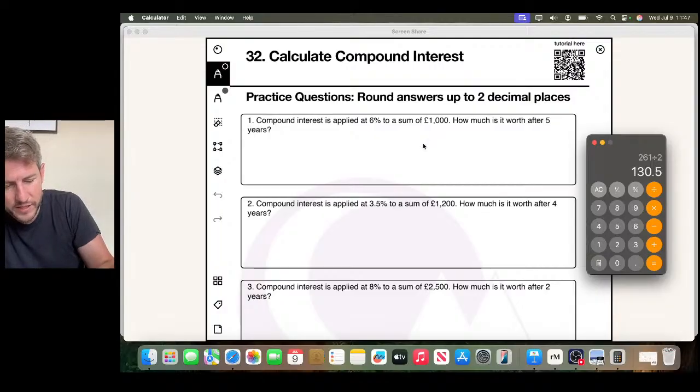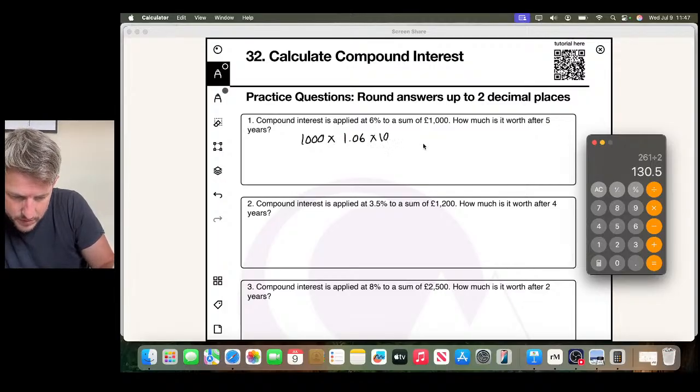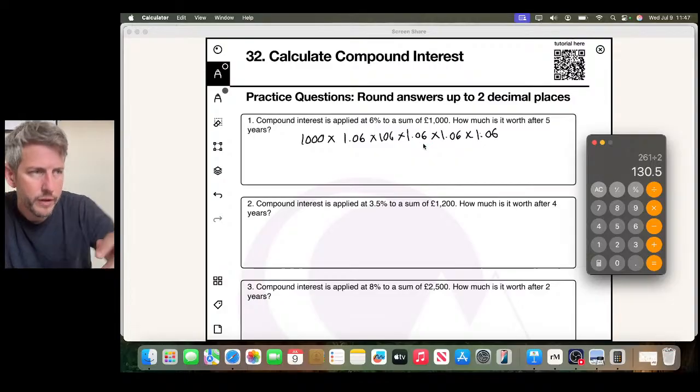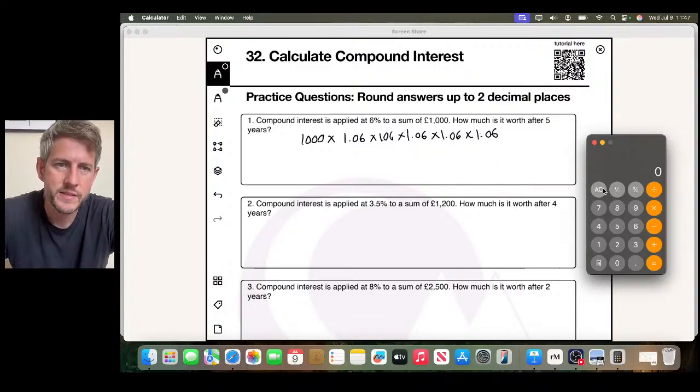So we're going to have to do £1,000 times 1.06 five times. One, two, three, four, five. We have 1,000 times 1.06 because this increases it by 6%.